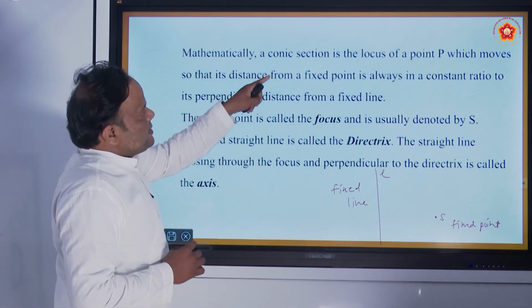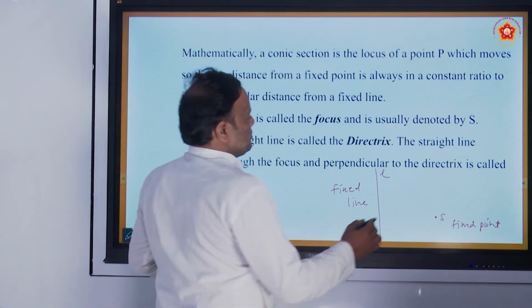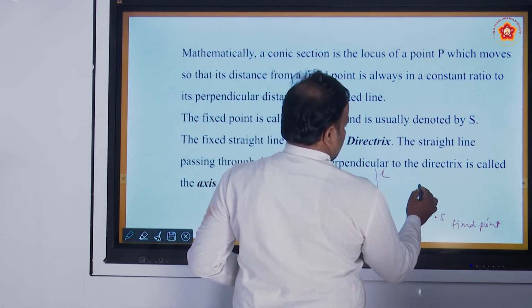Observe here. Mathematically, a conic section is the locus of a point P. I take point P here.